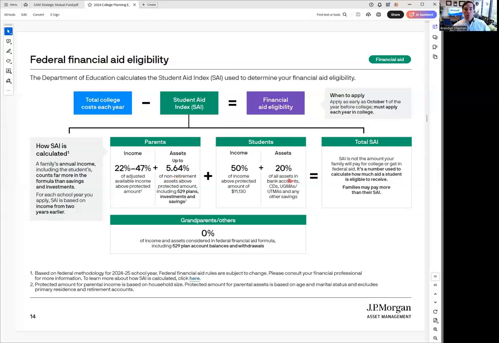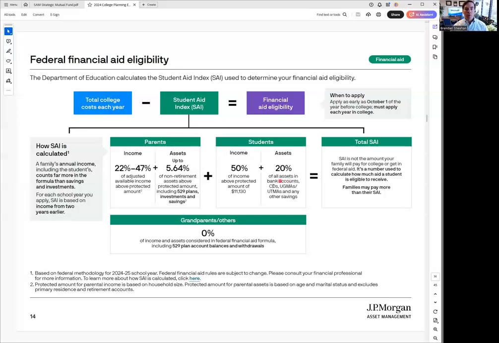So long story short, trying to get significant assets away from the student is something you should be thinking about, probably freshman and sophomore years of high school, in order to reduce the impact the student portion has on the student aid index.